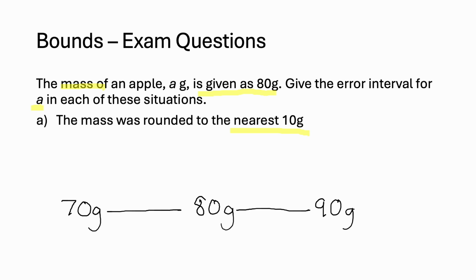So for the upper bound, we have to work out what is halfway in between 80 grams and 90 grams, which is going to be 85 grams, which is our upper bound. And then for a lower bound, we work out what is between 70 grams and 80 grams, like smack bang in the middle, which is going to be 75 grams. That is our lower bound.